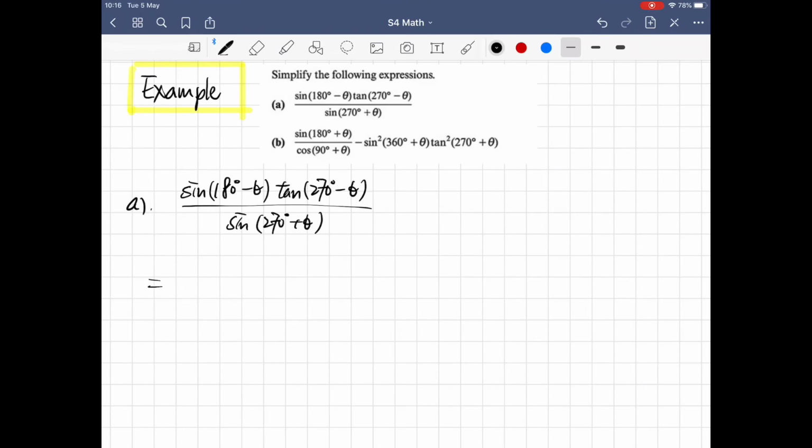For sine 180 degree minus theta, it will become sine theta. For tangent 270 degree minus theta, it will become 1 over tangent theta. And for sine 270 degree plus theta, it will become negative cosine theta.